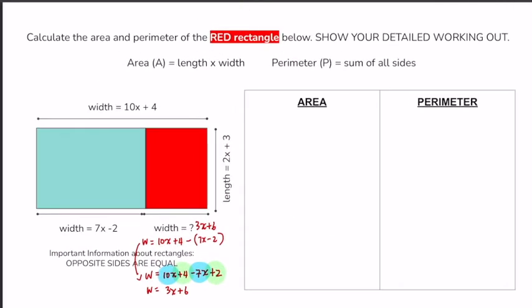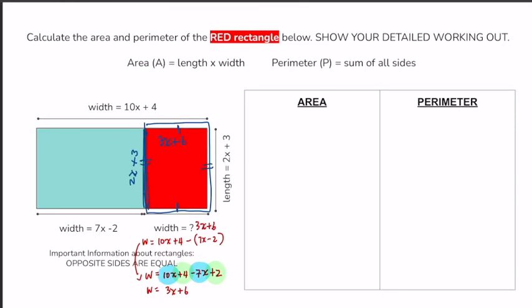Then we do the same thing. We know that in a rectangle, this red rectangle that we're talking about, those opposite sides are equal. So that means this side is also 3x plus 6. And the length is also 2x plus 3, because in rectangles, opposite sides are equal.